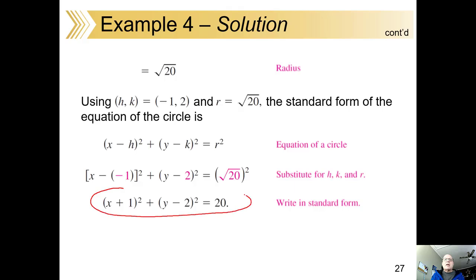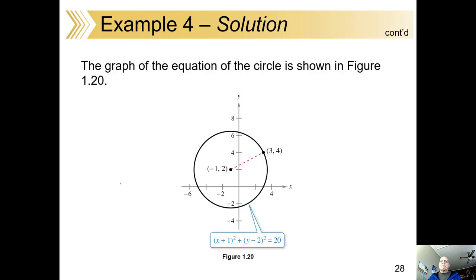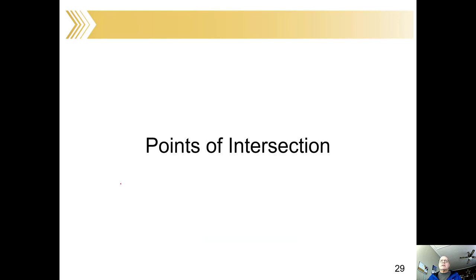There is your answer. And there's the picture, a little bit better than what I did. But remember, I didn't have a nice set of axes and everything to go with.